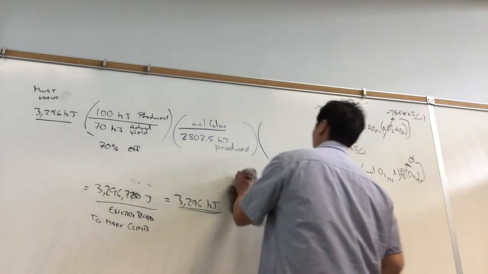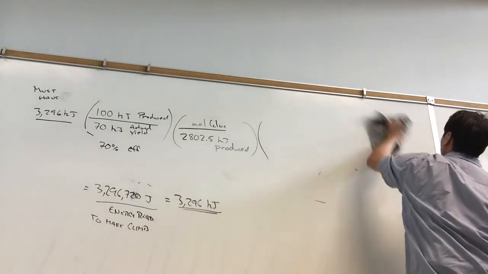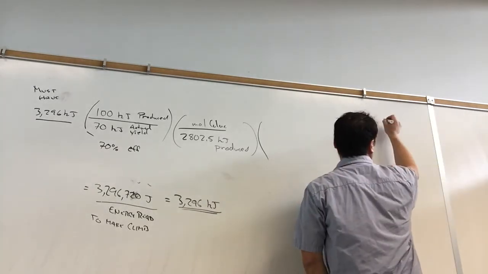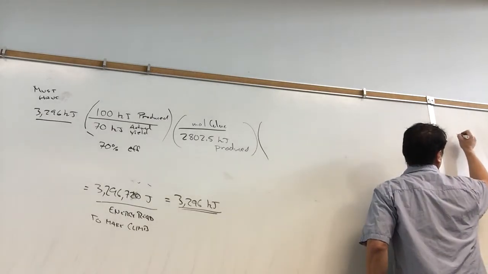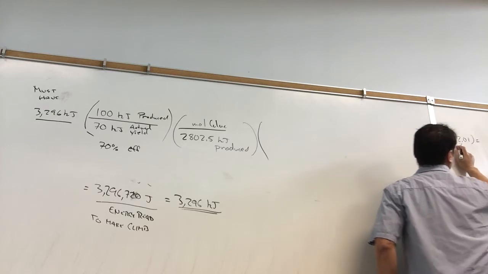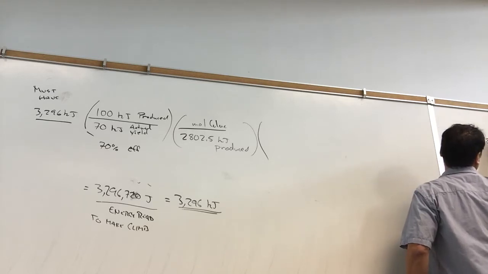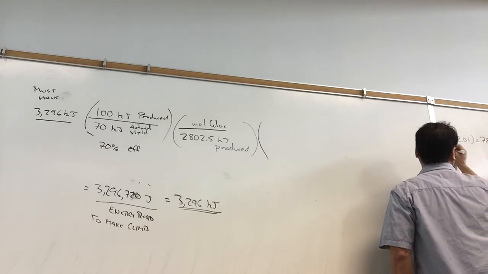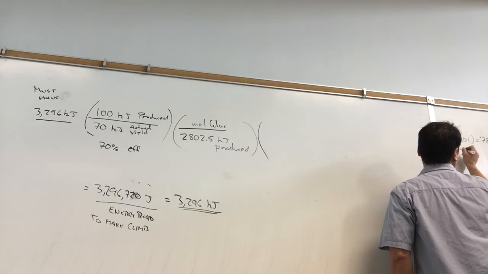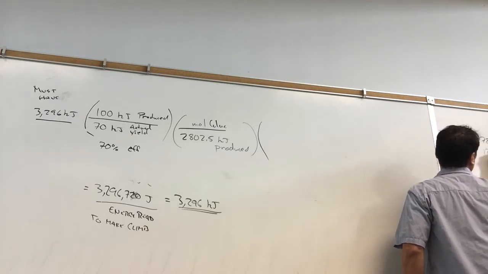And then we need to calculate the molar mass of glucose. The molar mass of glucose is 6 times 12.01, which is 72.06. And then 12 times 1.01, 12.12.